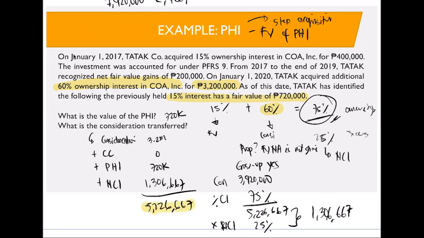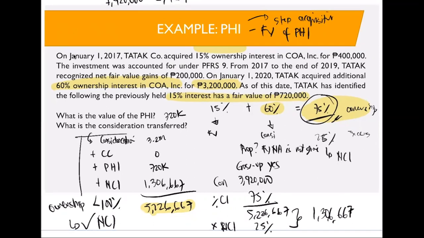So here, guys, although we have a previously held interest, at the same time we have an NCI. 15% ownership initially, you purchase 60%, you have now 75% ownership. Because you only have 75% ownership, you have an NCI. Take note of that. If the ownership that you purchase is less than 100%, there will always be an NCI. Okay? You will not be asked what is the NCI, but you need to know if there is an NCI or not because it is included in our computation.